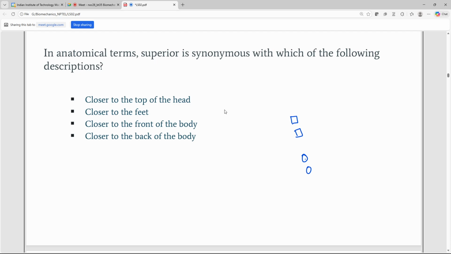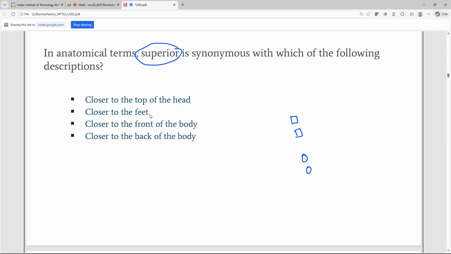Next question. In anatomical terms, superior is synonymous with which of the following descriptions? So here the question is about the terminology superior. First one, closer to the top of the head.